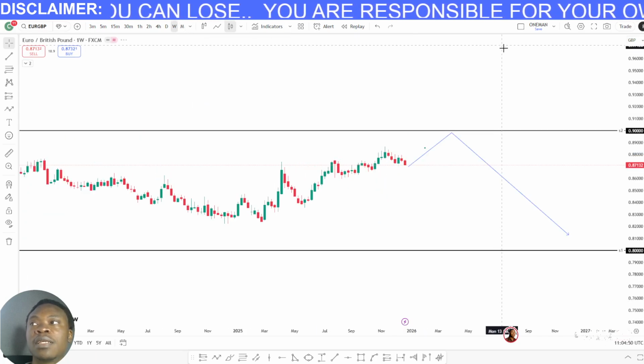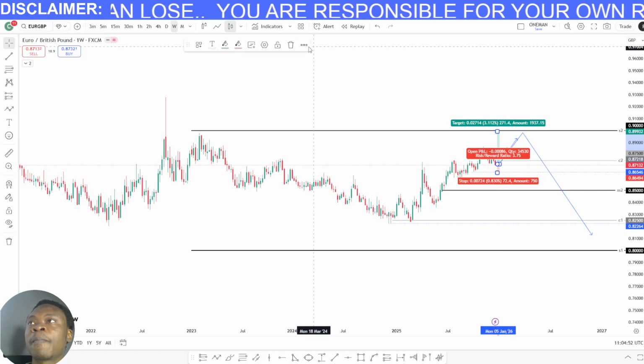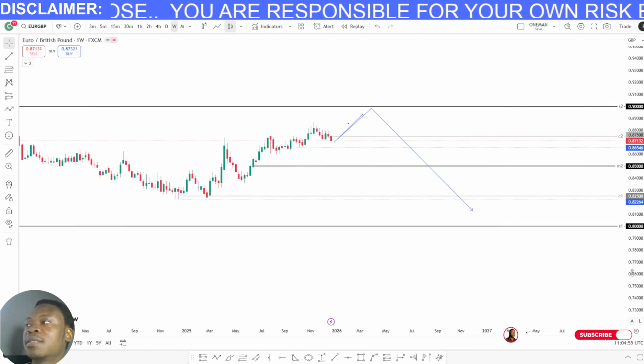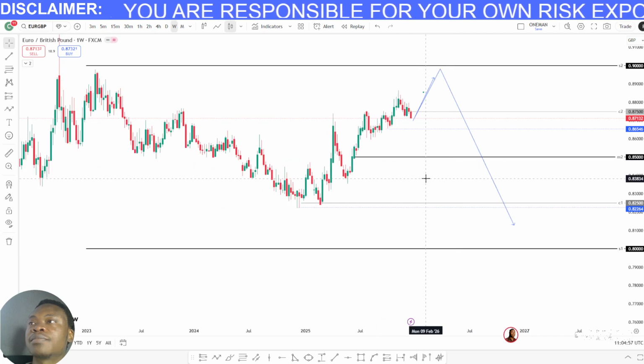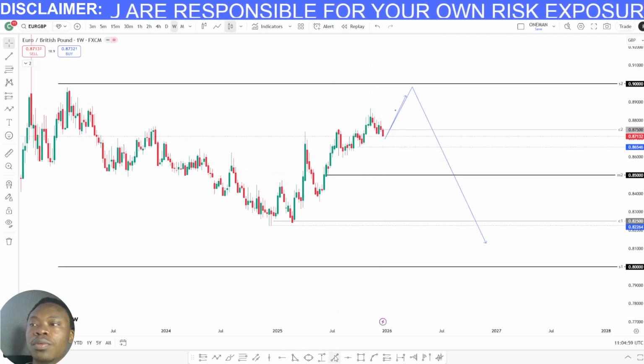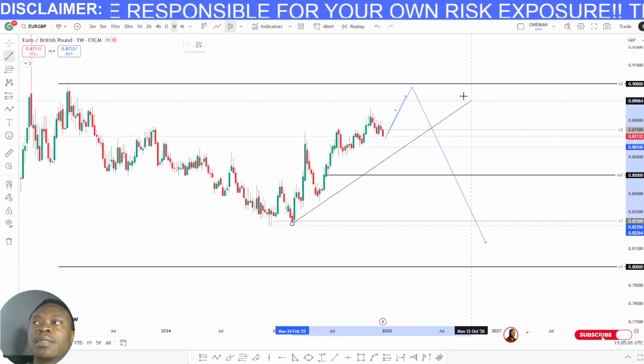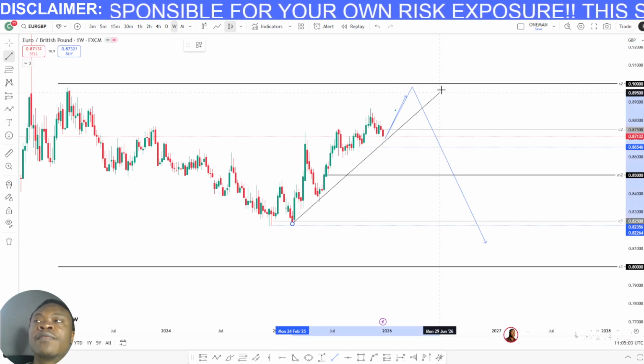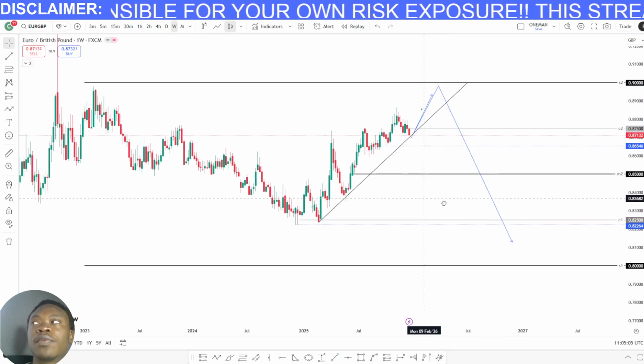When we go to the weekly to see what we have over there, all that we can see on the weekly is also a trade that has a beautiful trend line confluence.